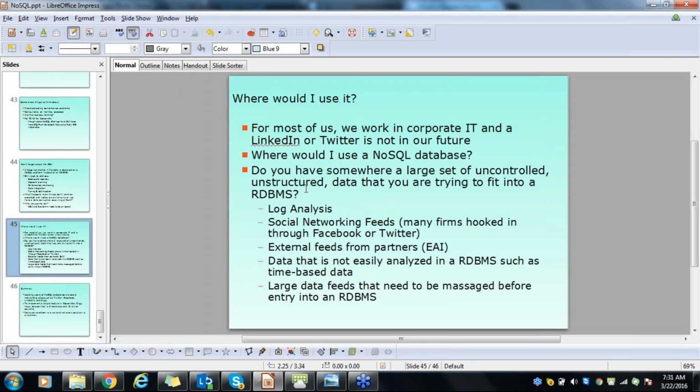When we talk about NoSQL, major companies like LinkedIn, Twitter, Facebook and Google are using NoSQL databases. At this point, it's limited, but going forward all the companies will start using NoSQL, and it will increase.